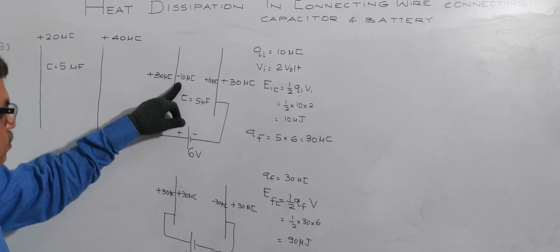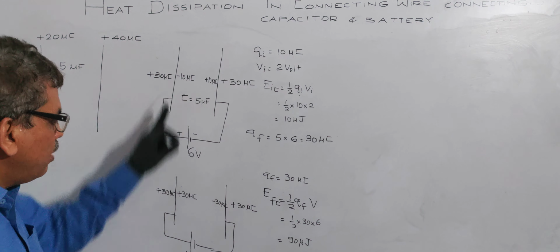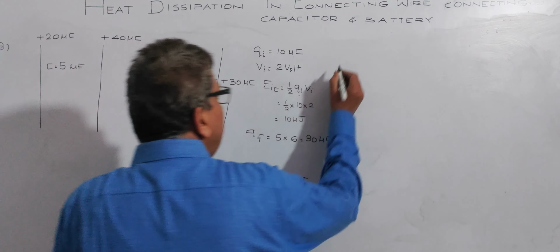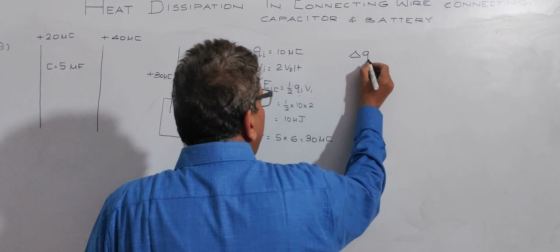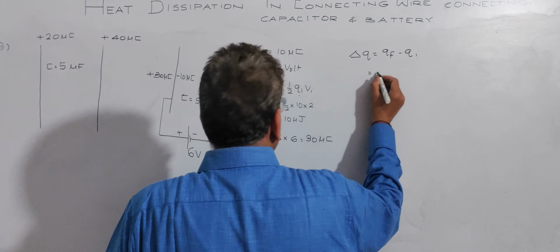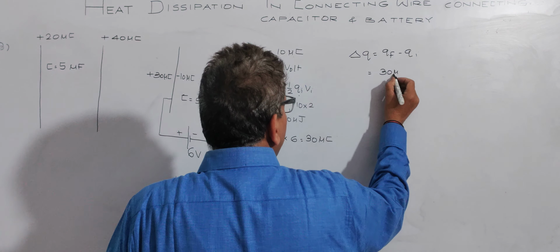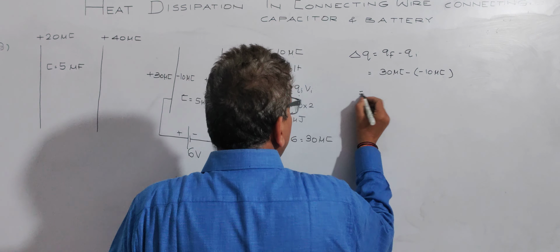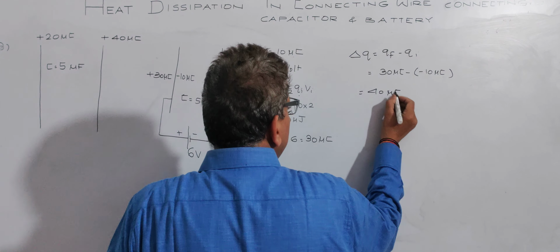Initially the positive plate had minus 10 microcoulomb and finally the charge is 30 microcoulomb. So the charge supplied by the battery, delta Q, is Qf minus Qi, which is 30 minus of minus 10 microcoulomb. So this becomes 40 microcoulomb of charge supplied.